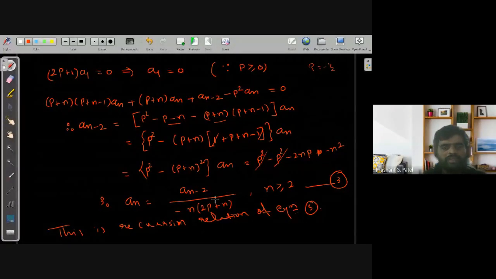Now let us see what the values of a2 and a3 are. We already have the value of a1, which is 0.